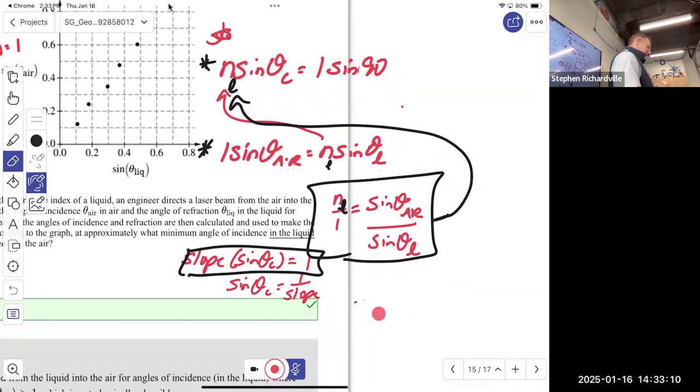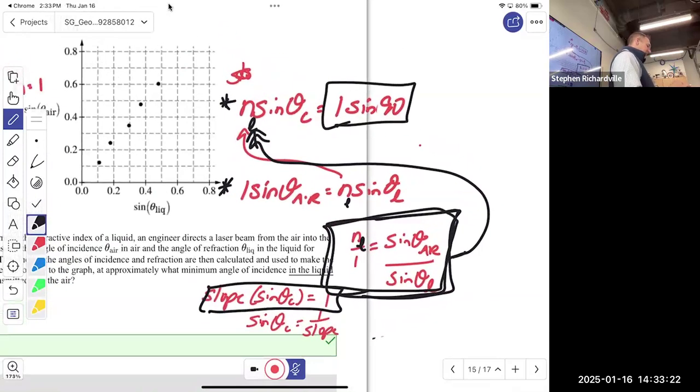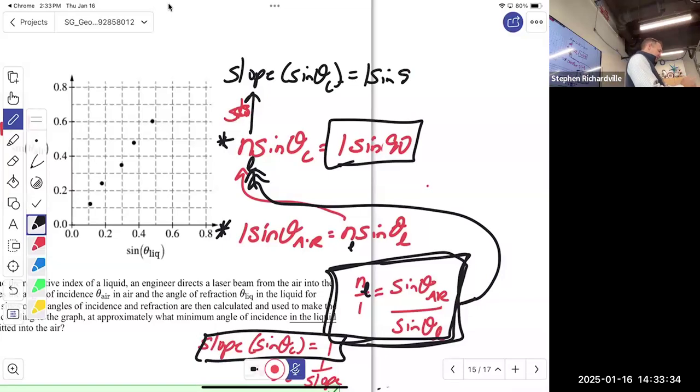You guys see that? This is my slope, sine theta air over sine theta liquid, times sine theta critical, and this is all just 1. So if that is my slope times sine theta critical, let's see if we get a closer answer than yesterday, because yesterday we were getting like 48 degrees or something.